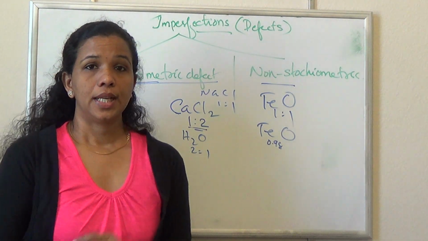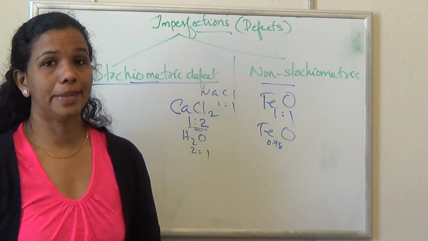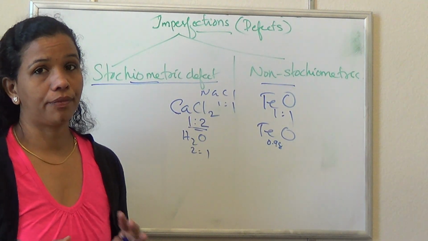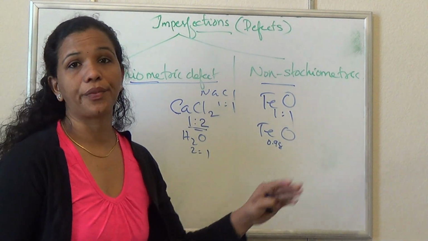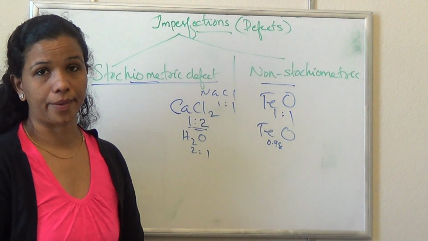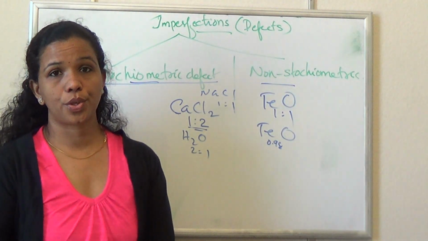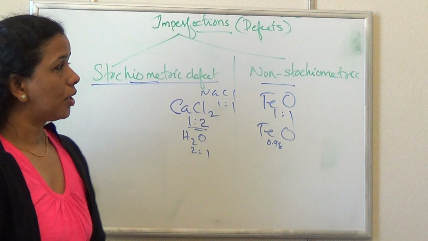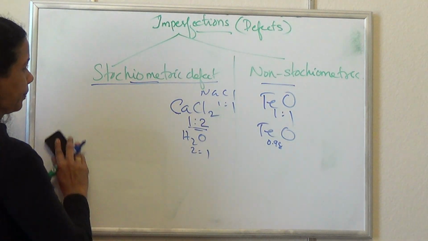That means some of the iron atoms are missing. So that defect affects their formula or the ratio of their atoms in the compound. That type of defect is called a non-stoichiometric defect. So first we will discuss stoichiometric defect.